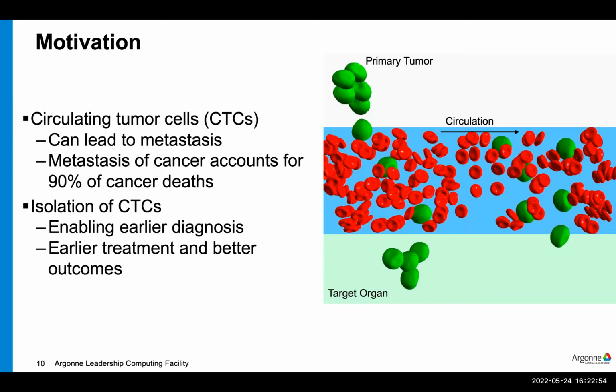And as cancer is one of the leading causes of mortality in the US, and metastasis accounts for up to 90% of cancer deaths, obviously there's great interest in understanding CTCs, both for diagnostic and for research purposes. And so isolation of CTCs can lead to further insights in cancer research and ultimately better clinical outcomes.